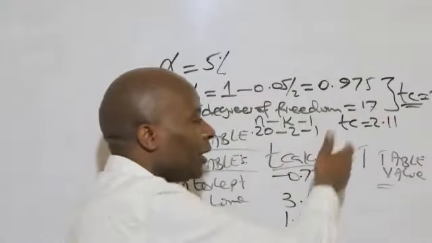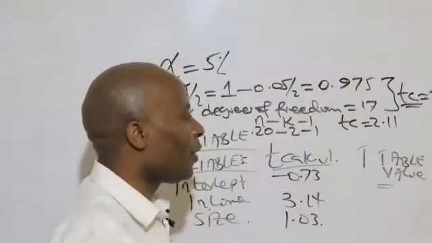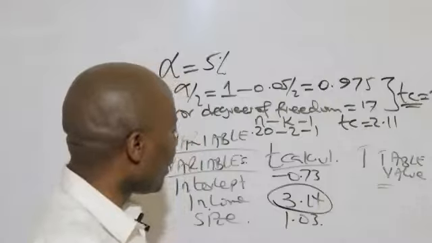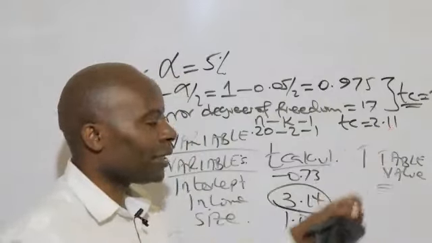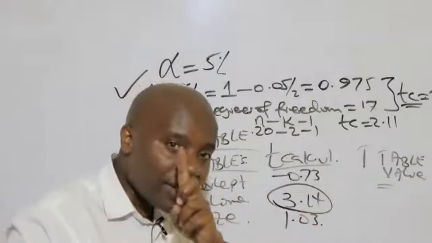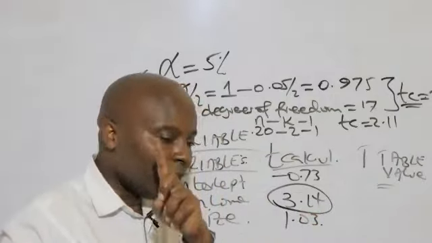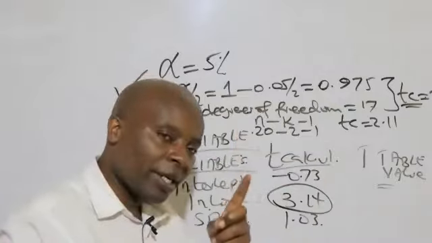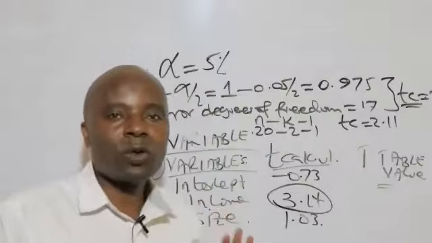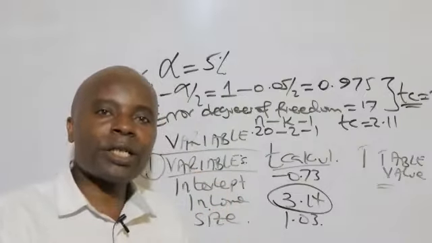Anything that is bigger than this becomes significant. So you can see 3.14 is the only one which will be able to pass the test. So this model has only one significant variable, which is income.